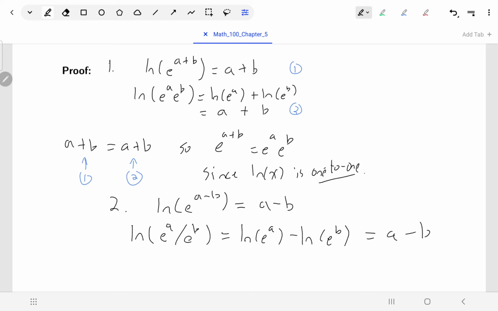I'm not going to explain as much as I did for the previous one, because the idea is the same. Since the outputs are the same, since a minus b and a minus b are the same, then that must mean that the inputs must have been the same, because natural log is 1 to 1.